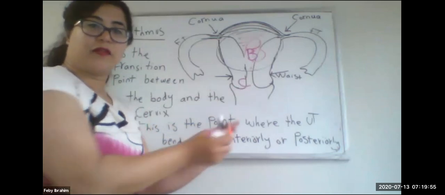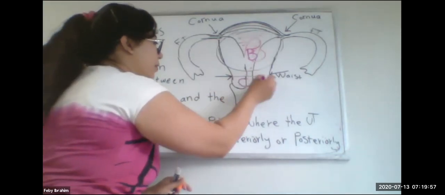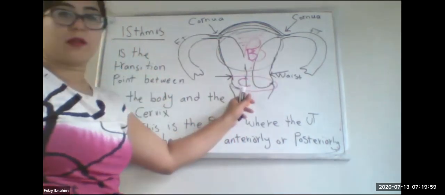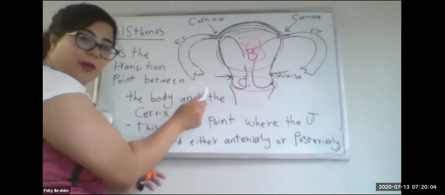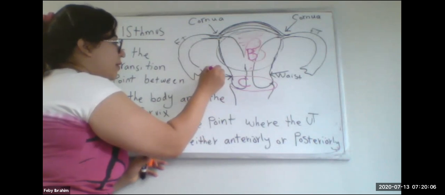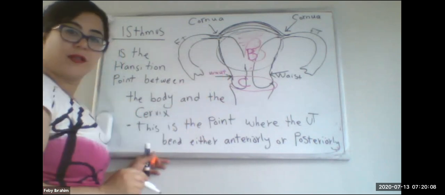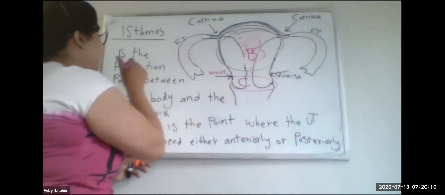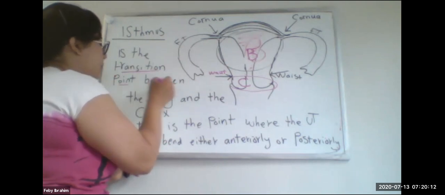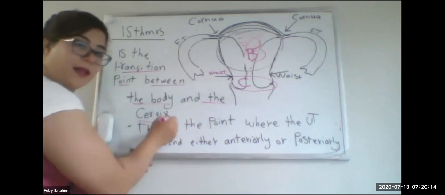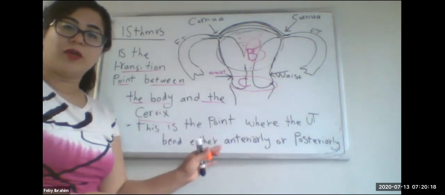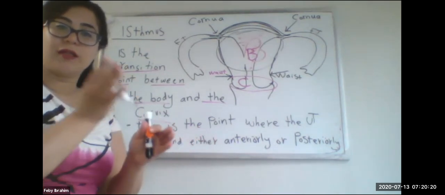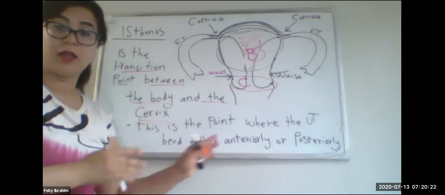This area here is the cervix. So the isthmus is the waist of the uterus, the transition point between the body and the cervix, and the point where the uterus bends either anteriorly or posteriorly.